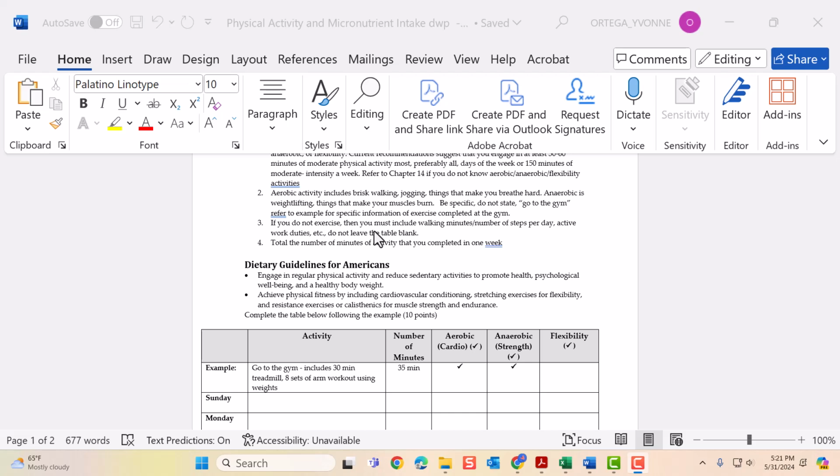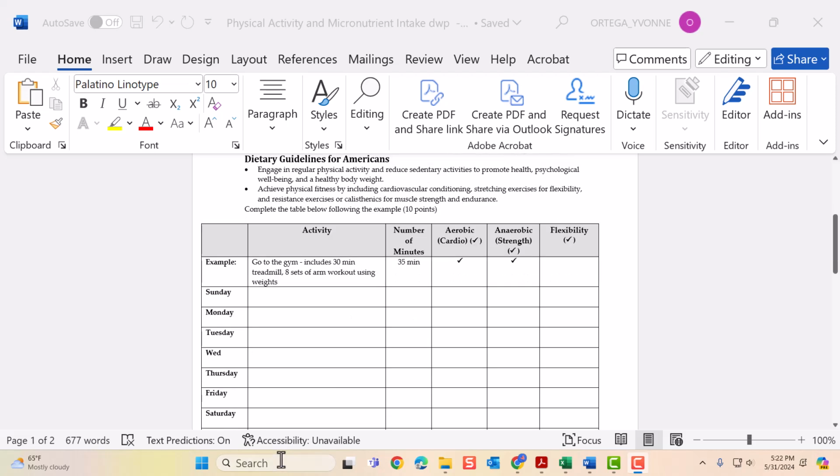You can also include activities like cleaning, laundry, lifting. Maybe your work requires some manual labor. It should be either exercise, or if you tell me I don't exercise, then it should be your walking steps or any other activities that you do.